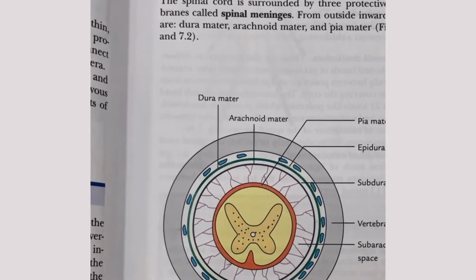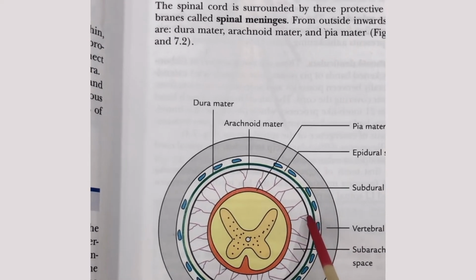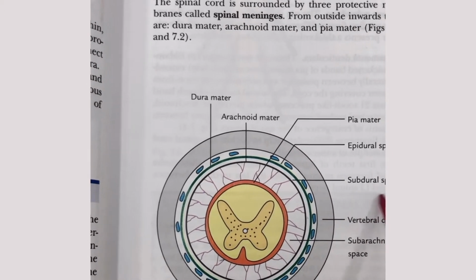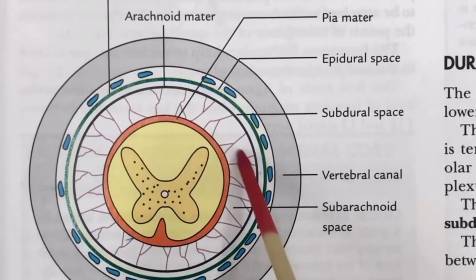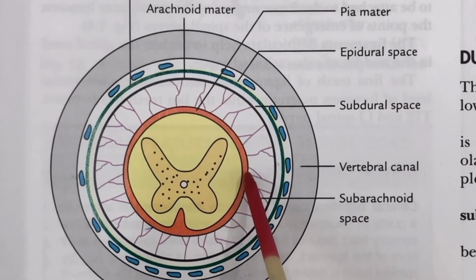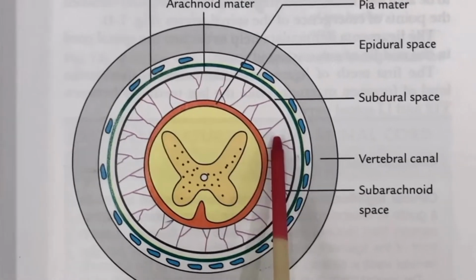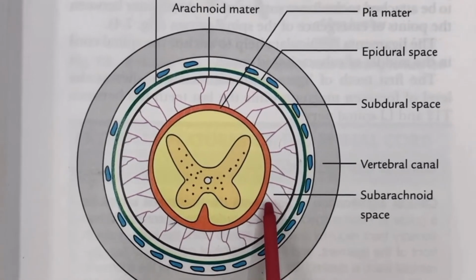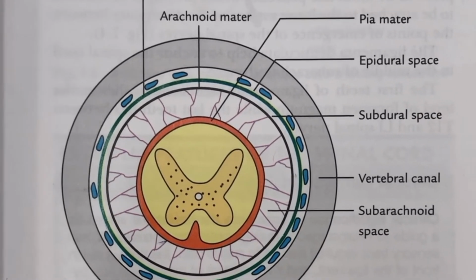Contents of epidural space. The space between the dura mater and the arachnoid mater is known as the subdural space, and it contains a capillary layer of fluid. Between the arachnoid mater and the pia mater, there is a subarachnoid space. Subarachnoid space is filled up with cerebrospinal fluid. Above, it is continuous with the subarachnoid space around the brain.